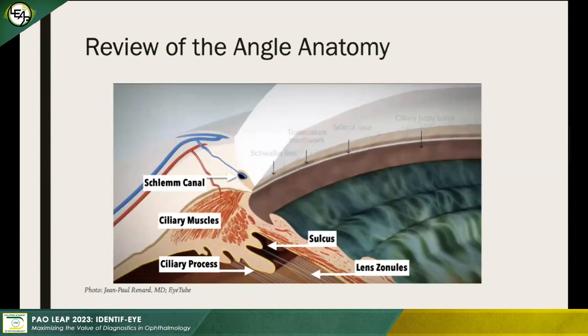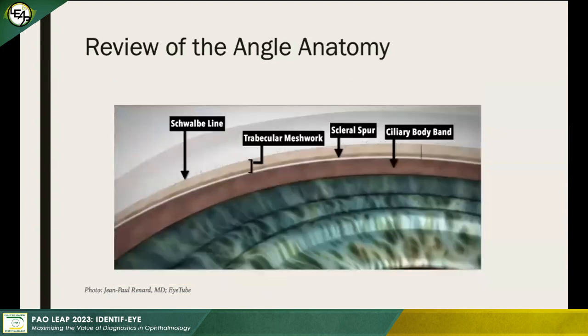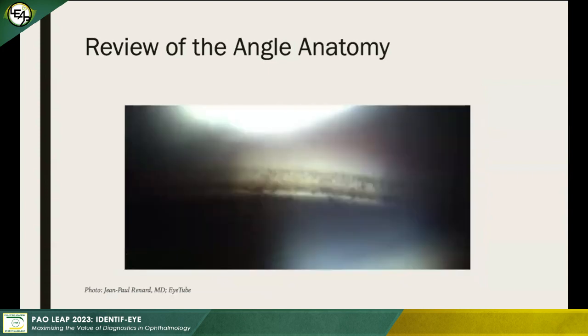Because of their attachment, the ciliary muscles contribute to aqueous flow regulation. It also regulates lens accommodation. The ciliary processes are radial folds where lens zonules attach to, suspending the lens, and the space between the iris and the ciliary processes is the sulcus. Again, these are the 5 structures that you can usually see.